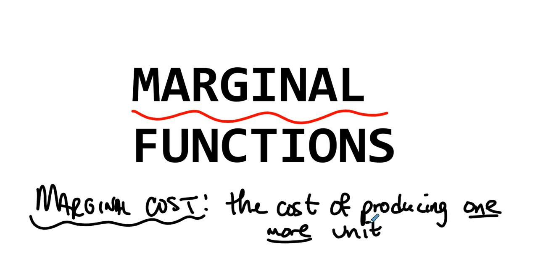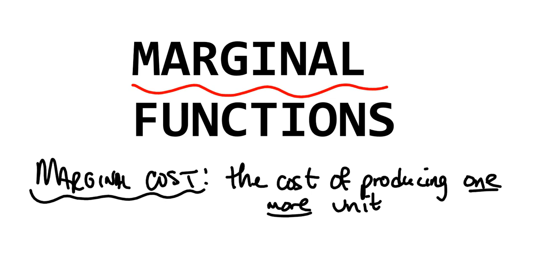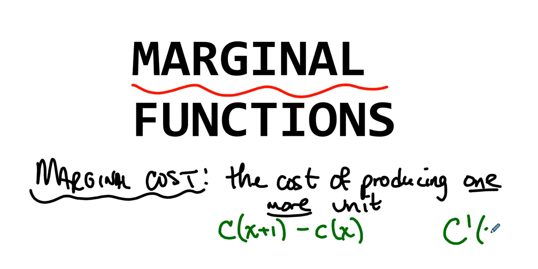Now, there are two ways to find the cost of producing one more unit. You can find the cost at x plus 1 and the cost at x and subtract them. This is tedious. Or you can find the derivative of the cost function at x, and this is usually the way we approximate.